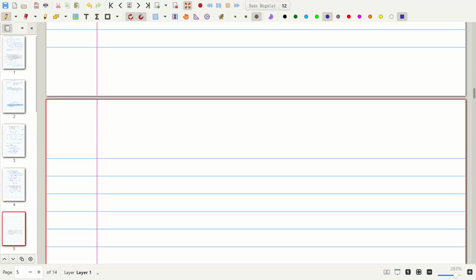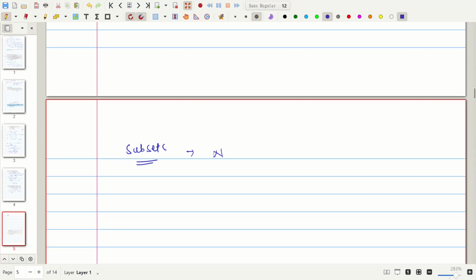Next topic we are going to discuss is subsets and universal set. What is the meaning of subsets and universal set? As the name itself suggests, subset means what? Suppose you take natural numbers, which are infinite and continuous.